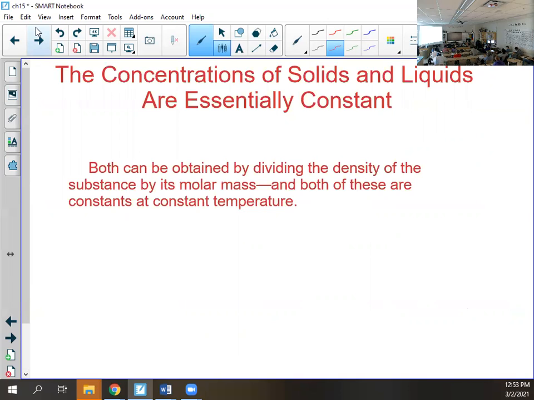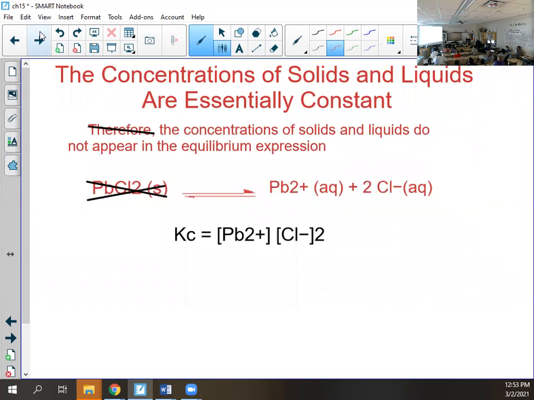The concentrations of solids and liquids are essentially constant. Now remember, a liquid and a solution are different things. If it's a solution, it would be aqueous, not liquid. Both can be obtained by dividing the density of the substance by its molar mass, and both of these are constants at a constant temperature. So we don't worry about the concentration of them, which means they won't matter.